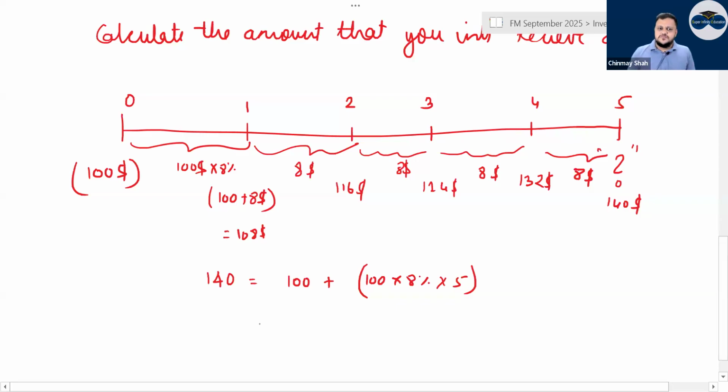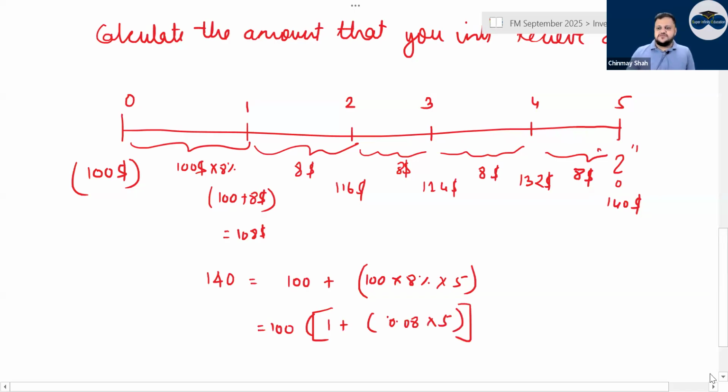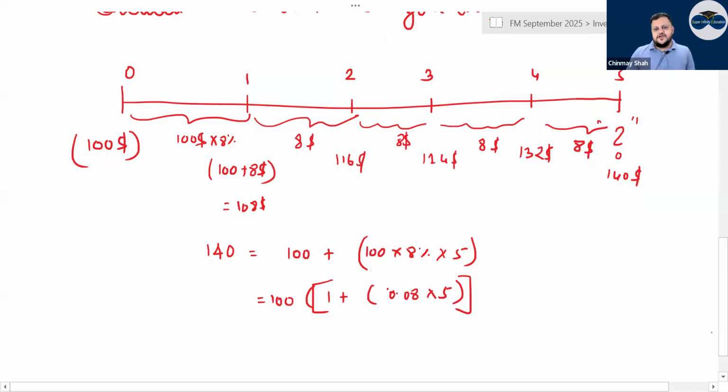If I take 100 common outside, I get 1 plus, in a smaller bracket, 0.08 into 5. Does it make sense? 0.08 is 8%. Anyone having any problem here?